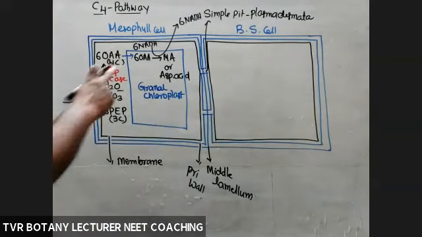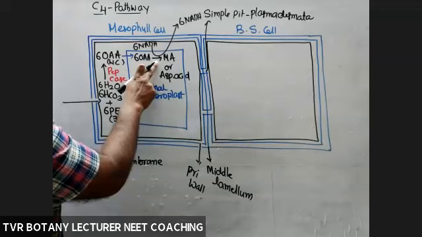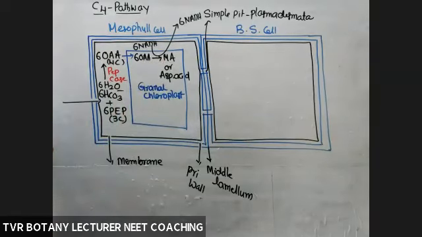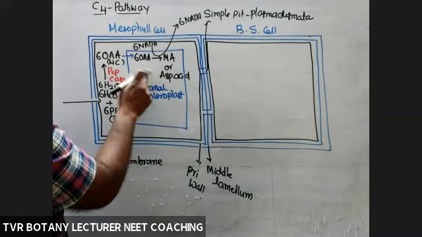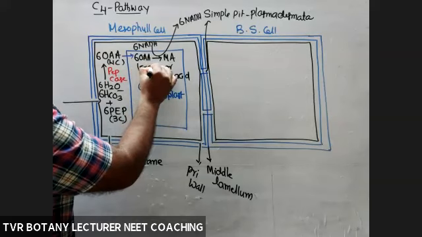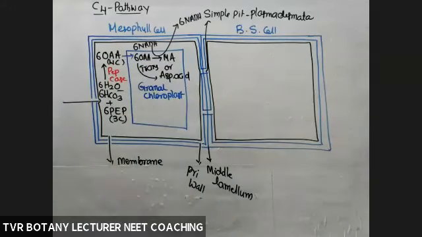Okay, actually inside only. So if OAA is reduced, malic acid is produced. If it is transaminated, aspartic acid. So respectively, C4 plants are malate formers or aspartate formers.